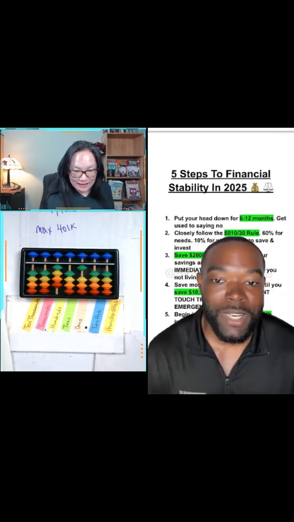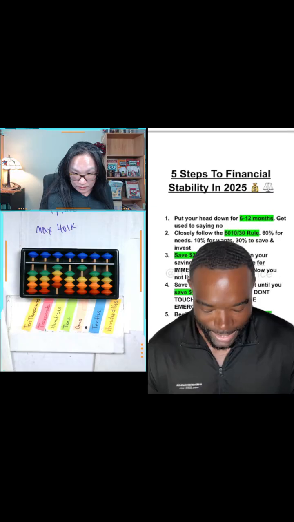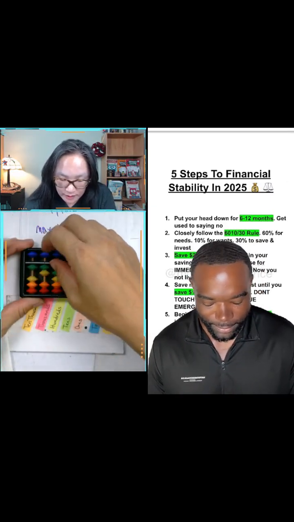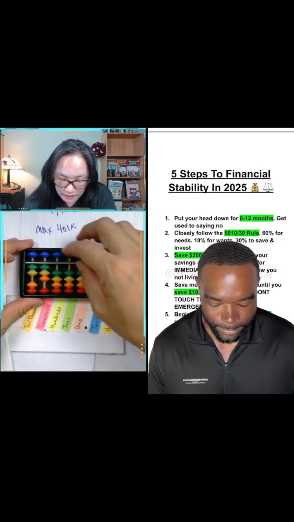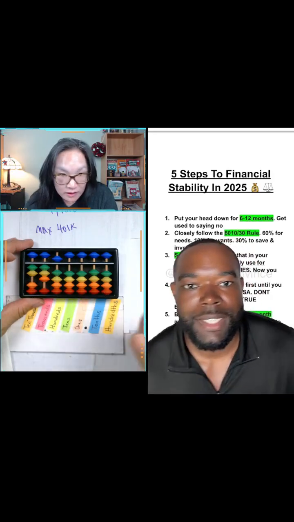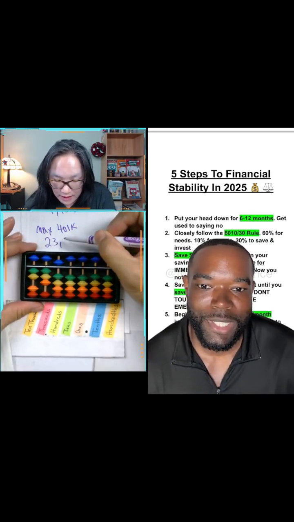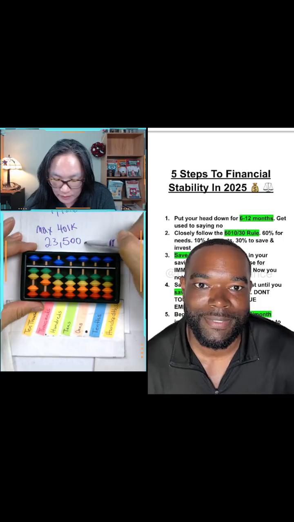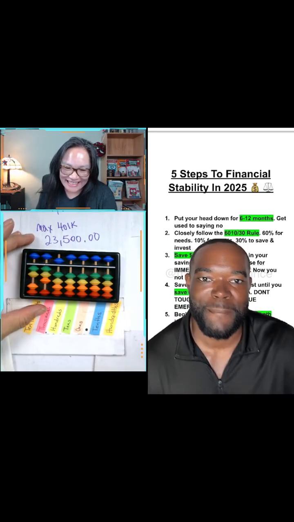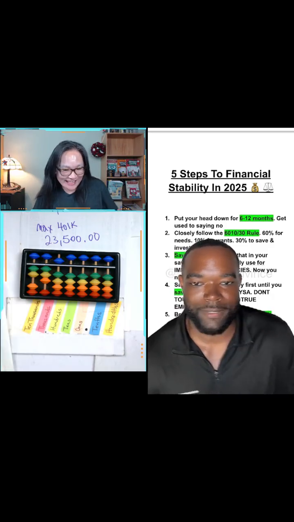For the 401k, it's 23,500. Correct. 23,500.00. That's the max that you can contribute to a 401k.